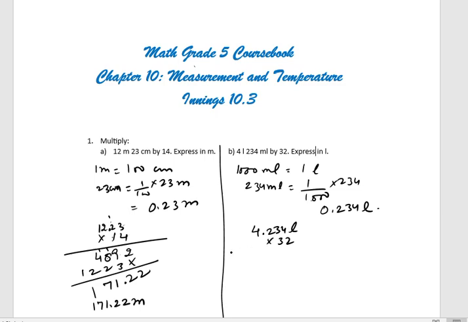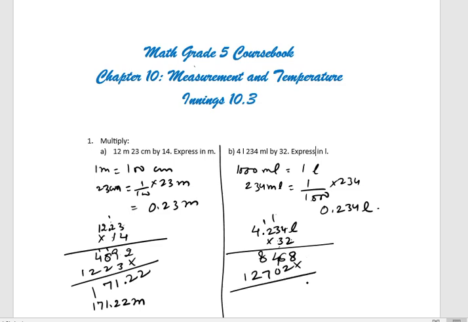So simple multiplication, the way we go with the multiplication: 2 4s are 8, 2 3s are 6, 2 2s are 4 and 2 4s are 8. Put a multiplication symbol. 3 4s are 12, carry 1, 3 3s are 9 plus 1 is 10, so 0 carry 1, 3 2s are 6 plus 1 is 7 and 3 4s are 12.